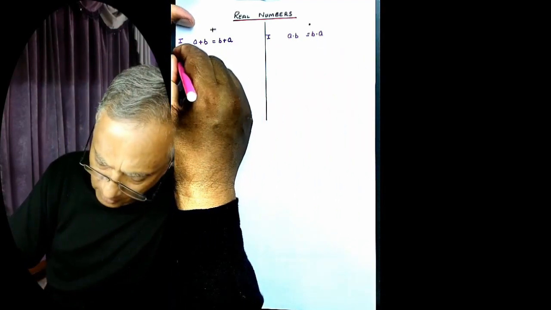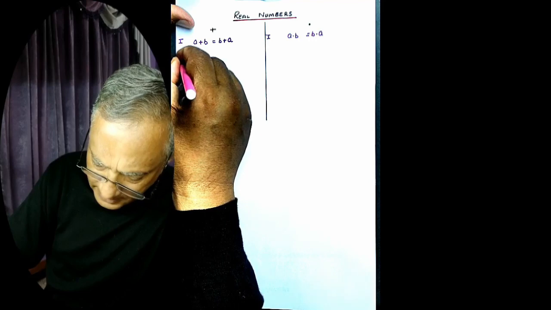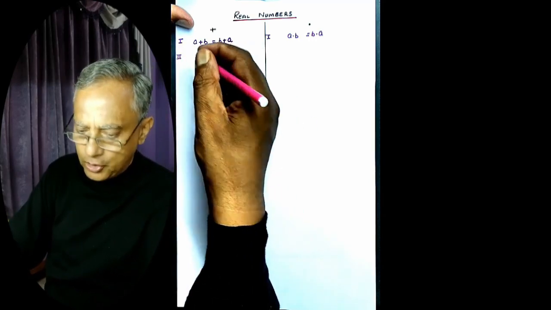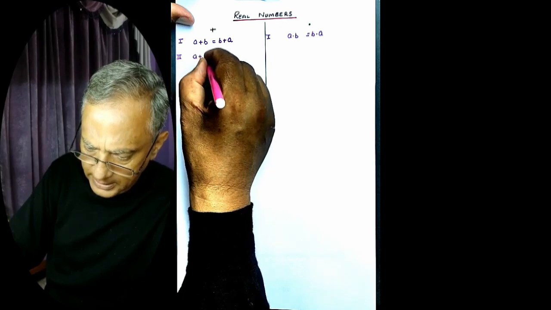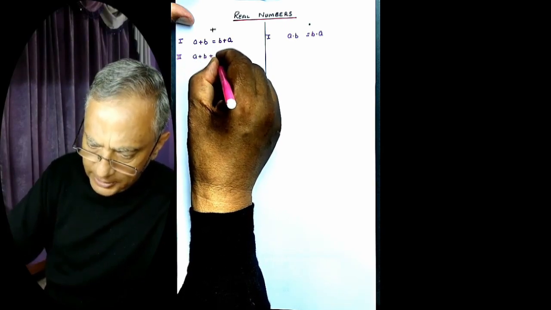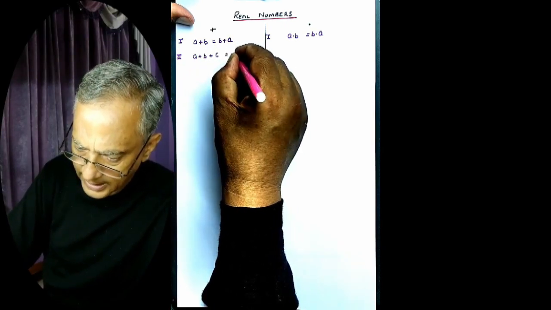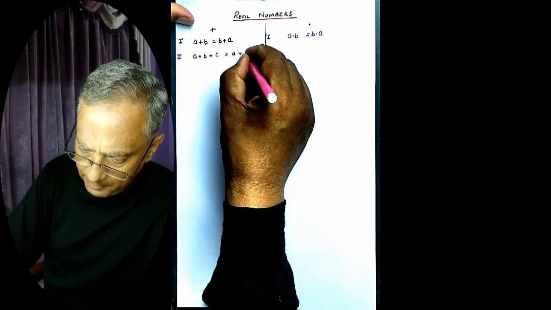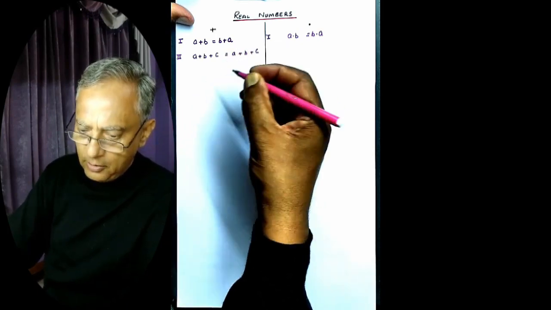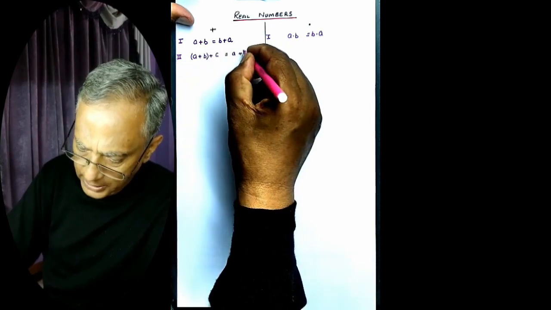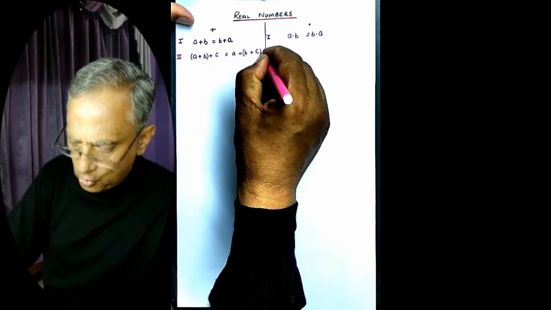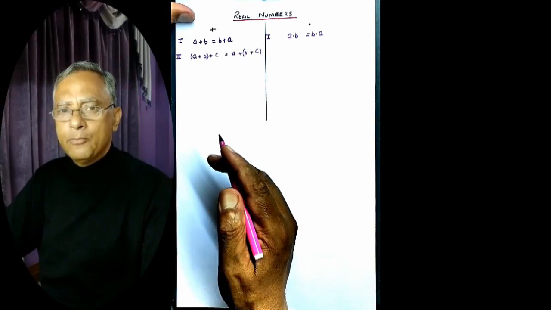And second property is associativity. Associativity means if we have A plus B plus C is equal to A plus B plus C, we associate these two or we associate these two, the result is same.